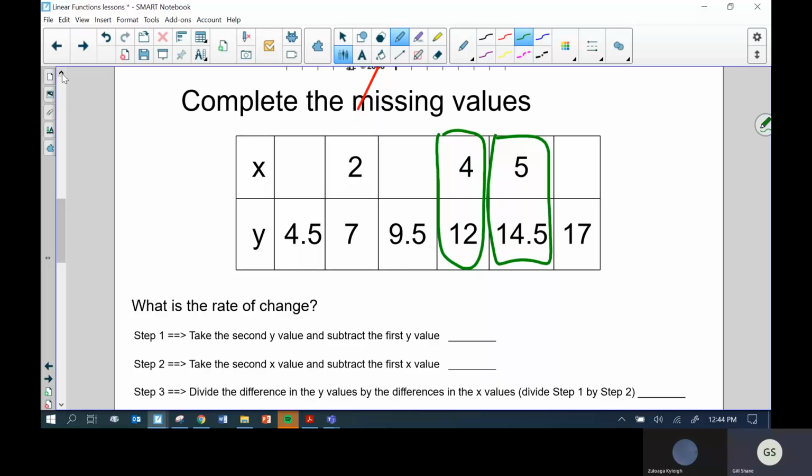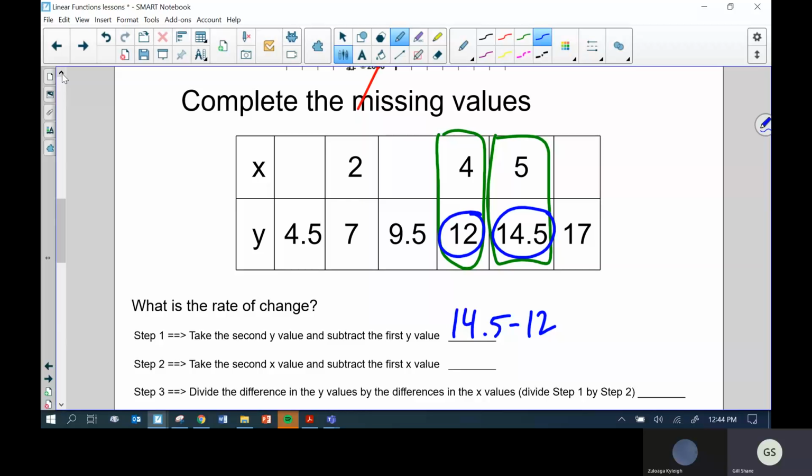You take the y value from the second column, and then you subtract the y value from the first column. So in this case, it's 14.5 subtract 12. The second column is the second one on the right, like we count left to right.